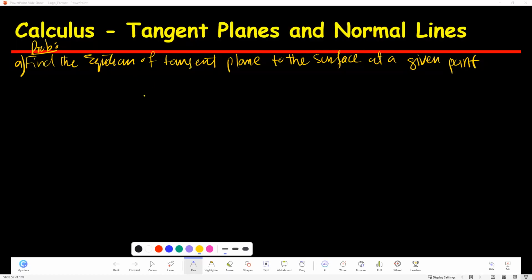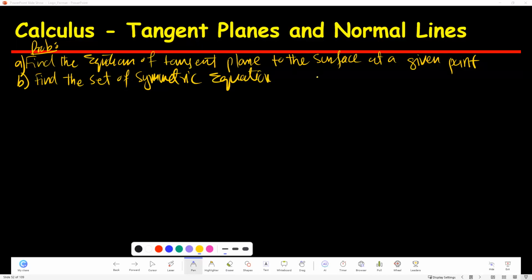Okay. And B, find the set of symmetric equations for the normal line, at a given point.